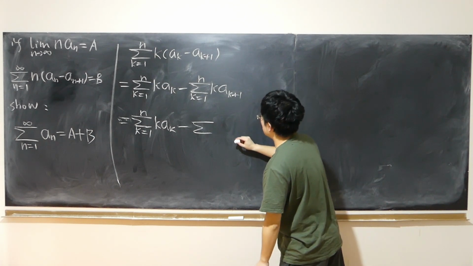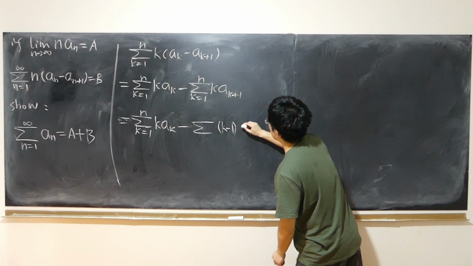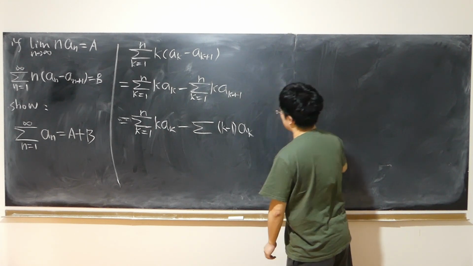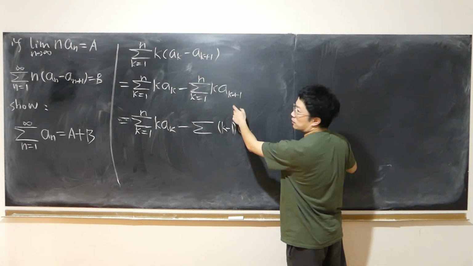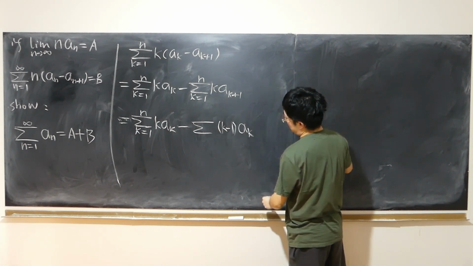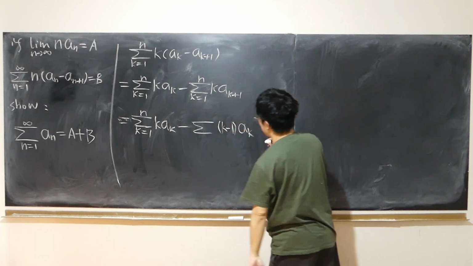What if I change it into (k minus 1) times a_k? Because this subscript is only 1 unit bigger than this number. So that way I have a_k, I also have a_k here.